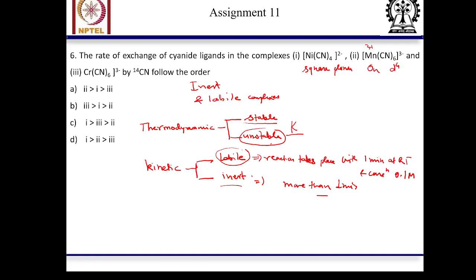And this is chromium 3 plus, which is D3. Right? So now if I go to the, sorry, where is that? Okay.